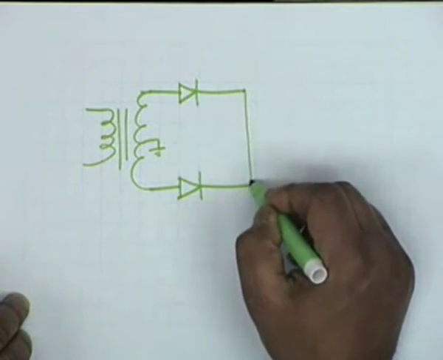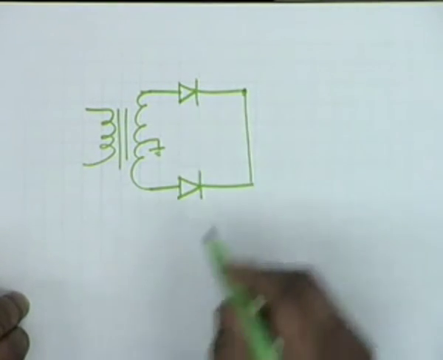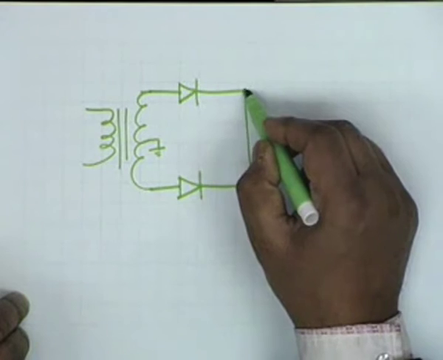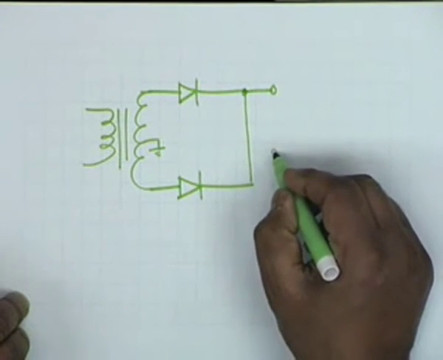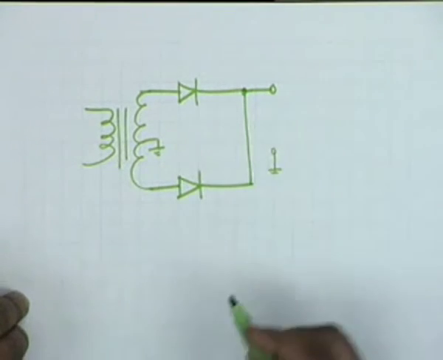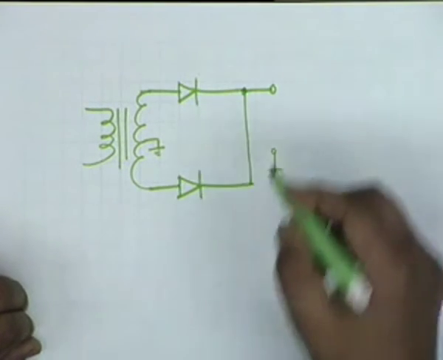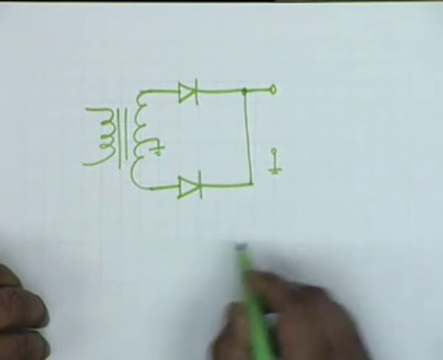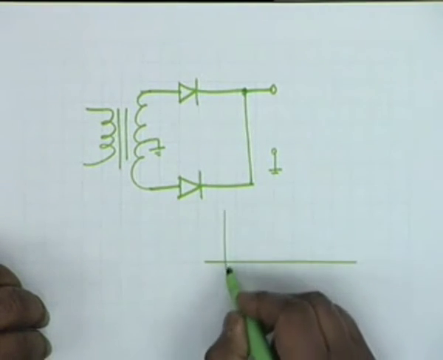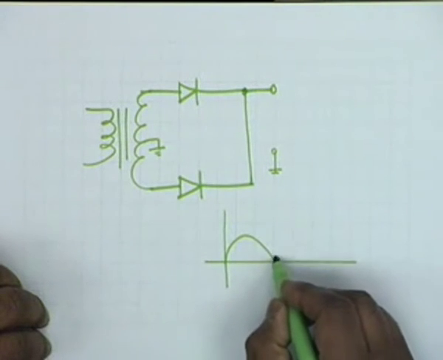The diodes are connected together, and then you can connect the load from this point to ground. The voltage that you get is a full wave rectified voltage. In other words, its waveform shall be like this.